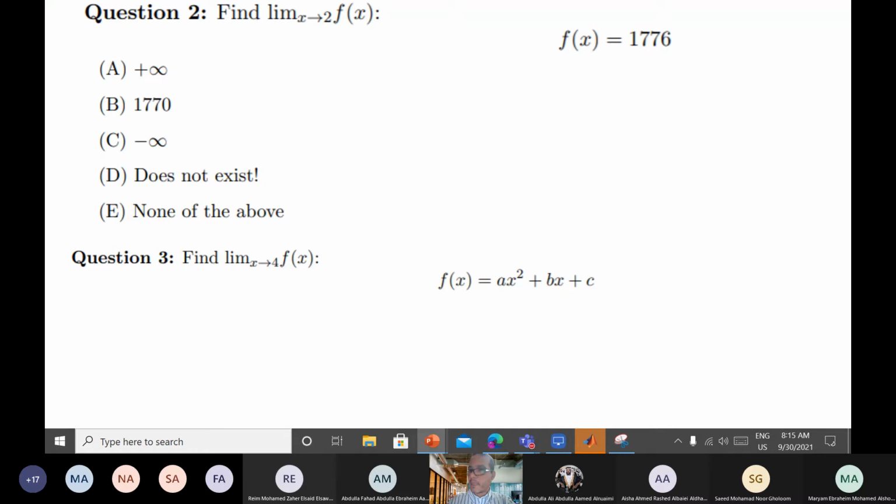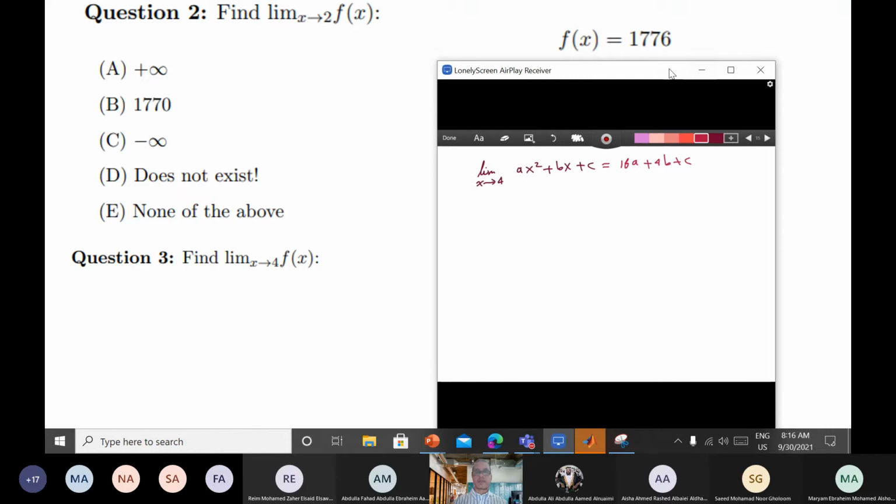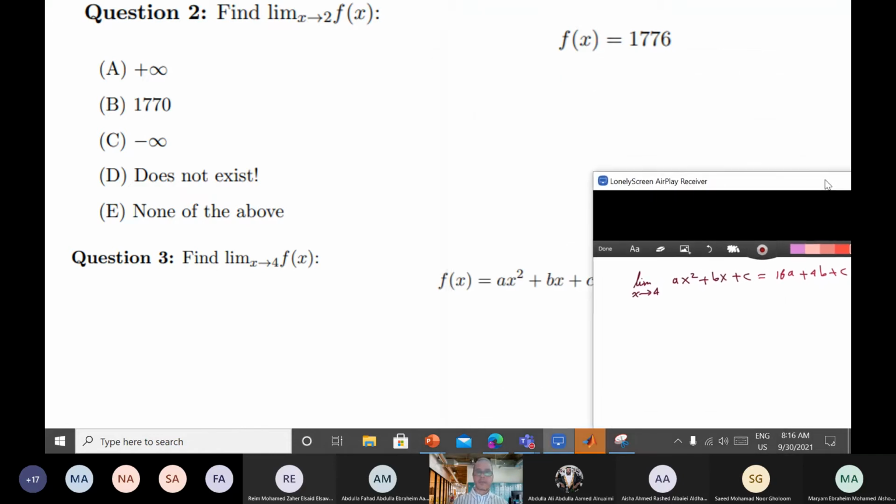What's f of x? ax squared plus bx plus c. You just substitute by x equal to 4. So what do you have? 16a plus 4b plus c. Okay, so this is how to find the limit.